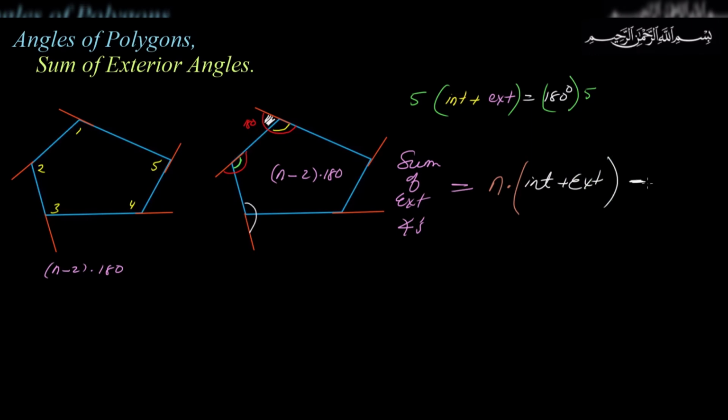From there you have to subtract the sum of the interior angles. Let me put it this way again. The sum of all the exterior angles is going to be the interior plus exterior, however many you have. For a pentagon, that's 5 times interior plus exterior, and from this I have to subtract all the interior angles, and I get the exterior angles.